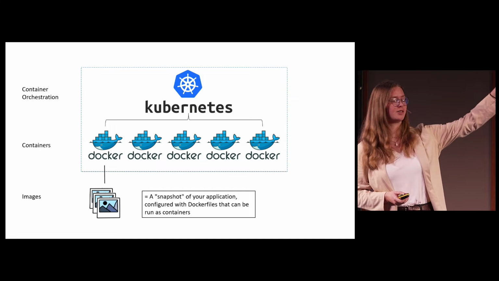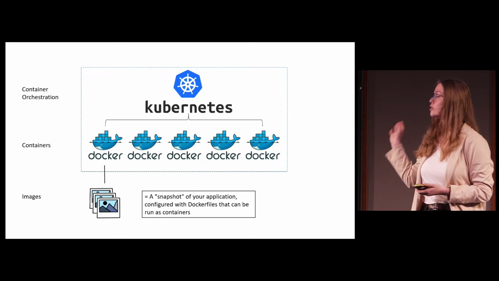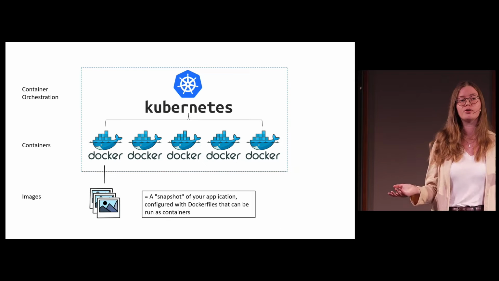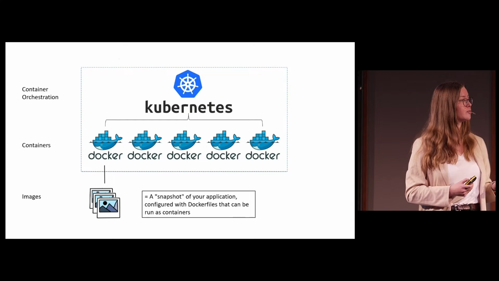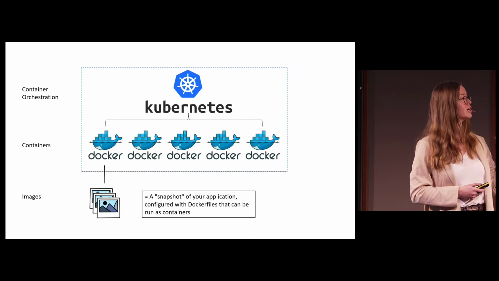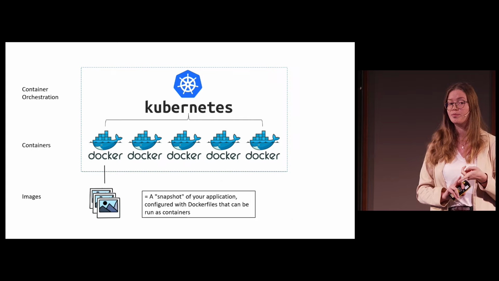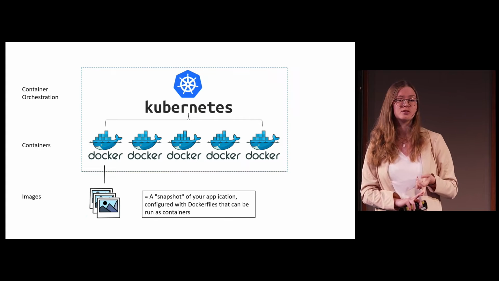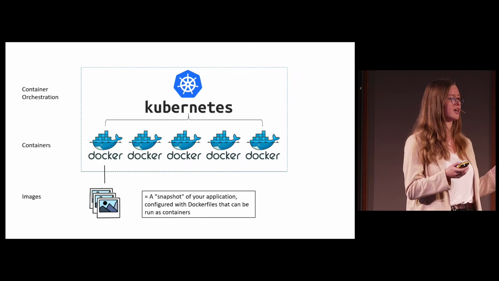And then on top of that, you have Kubernetes, which adds a layer where you can configure how these applications work in operation. For example, you can configure that if something goes down, it automatically goes up again. You can have backups, and you can have several configurations of how you want your system to behave.